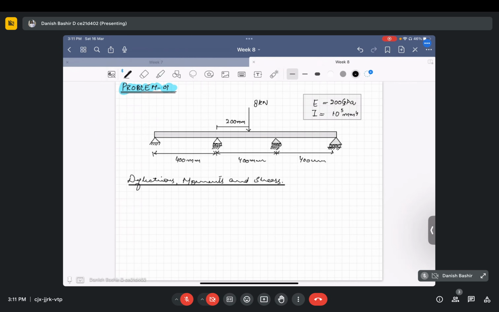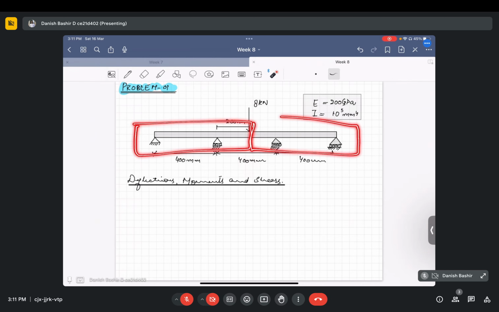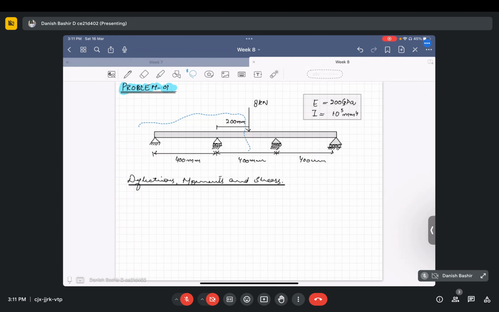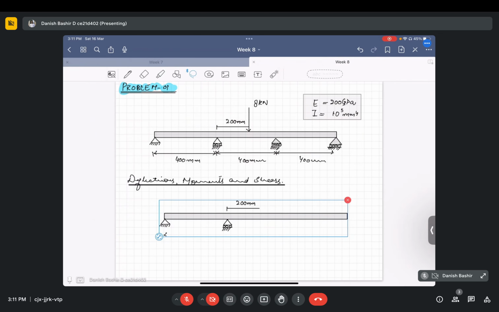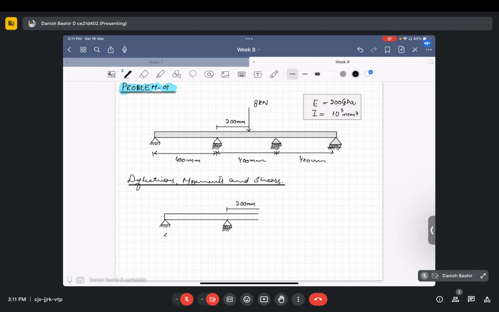Looking at the symmetry, we can see that the line of symmetry is like this. We can divide this beam into this part and this part only, and we can analyze one of the parts. So if I take this beam from here, this part, and take only half part of it up to this point, and analyze only this part.